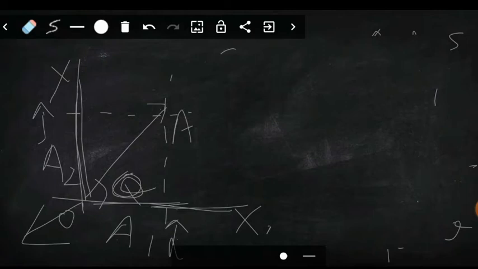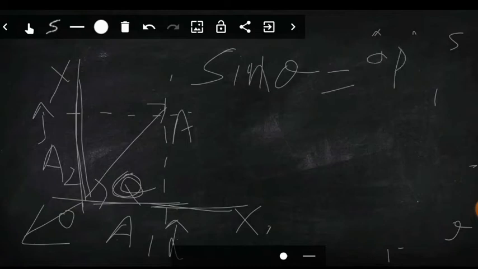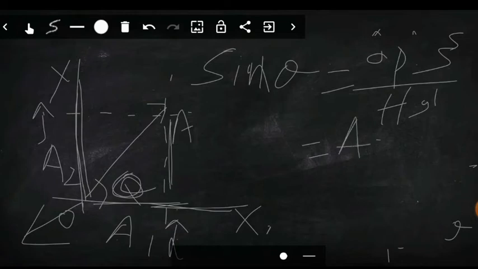For that we have to consider sine theta. The sine theta means the opposite side divided by the hypotenuse. Here the opposite side is this one, that is a2, which is ay, divided by the hypotenuse, which is the vector a.